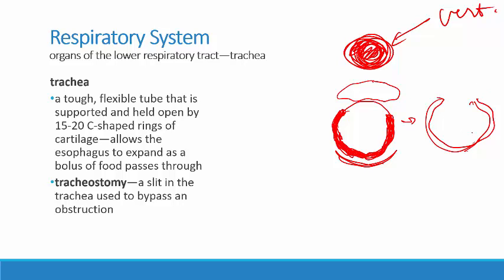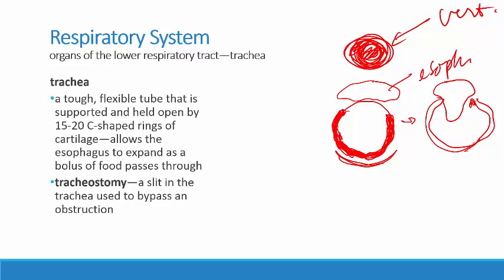The cartilage ring is still holding the trachea open, but now the esophagus, and that's the esophagus, can kind of bulge into the windpipe, into the trachea, to allow material to pass when we swallow it. So this is just a little fail-safe to make sure that the esophagus can get as large as it needs to be in order to pass a bolus of food.